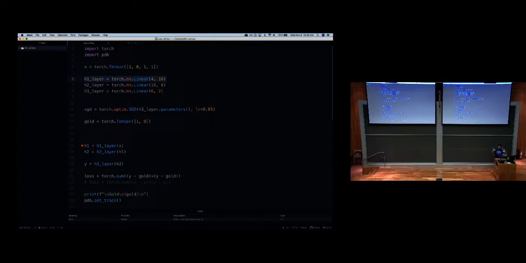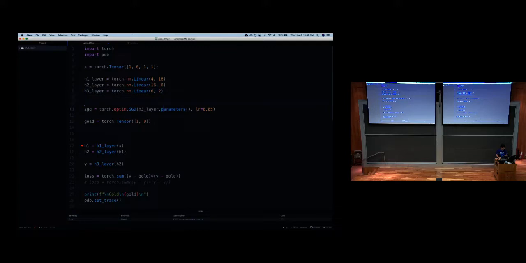The parameters in the matrix, so 16 times 4, yes. The size of the hidden representation is 16, but the parameters you have to learn are 4 times 16. Similarly, I stack another layer, which goes from 16 hidden neurons to 6, and then from 6 to 2.